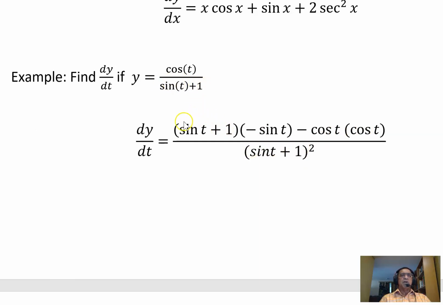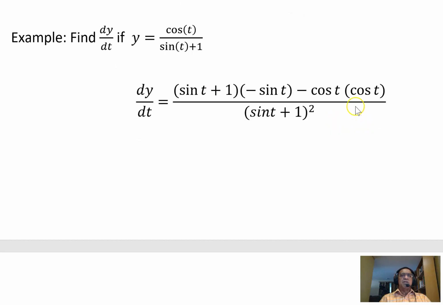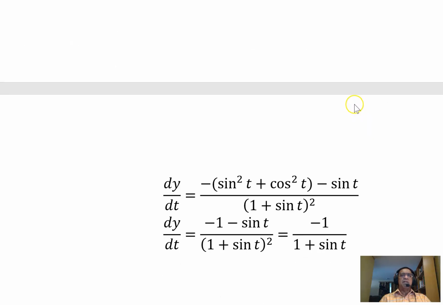The derivative of sine t is cosine t and the derivative of plus 1 is 0, so again cosine t.